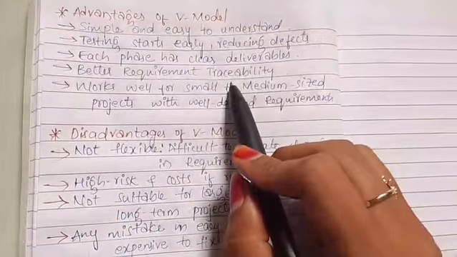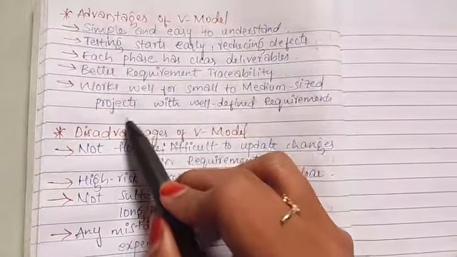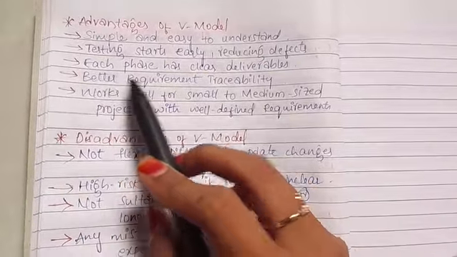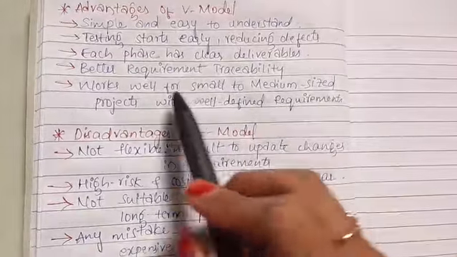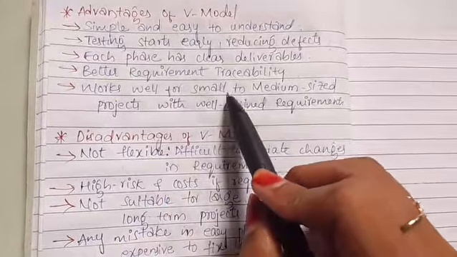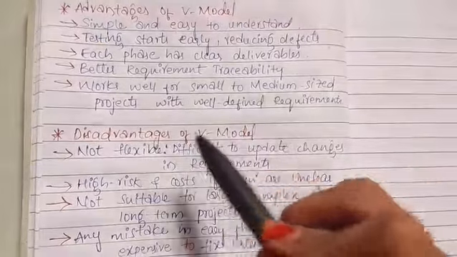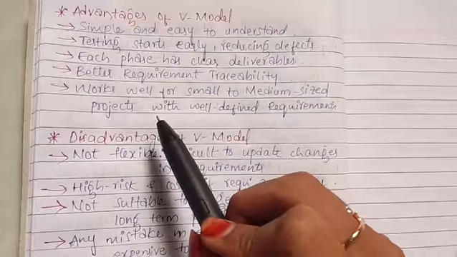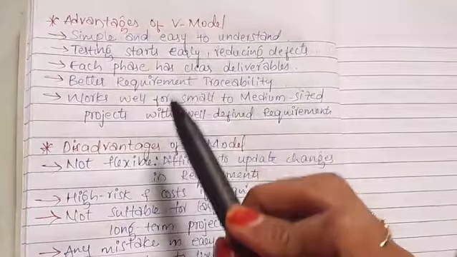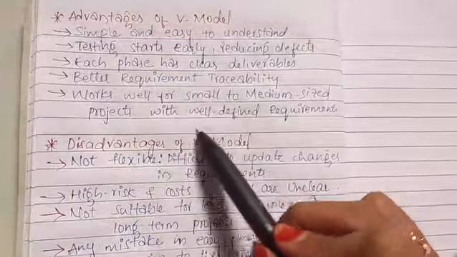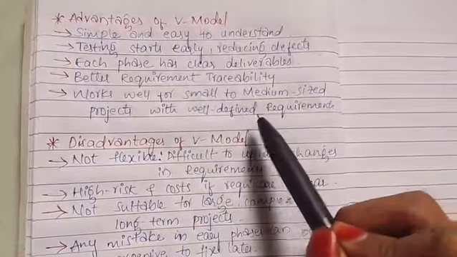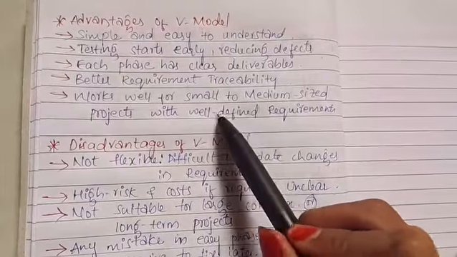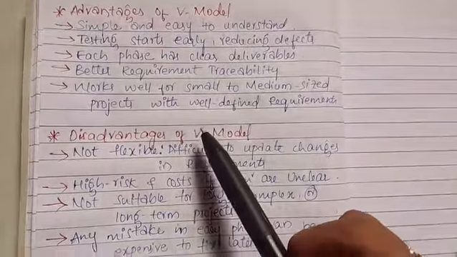And better requirement traceability: we can trace the requirements easily. And it works well for small to medium sized projects, not for large projects, with well defined requirements. If the requirements are well defined and clear, then we can easily use the V model.